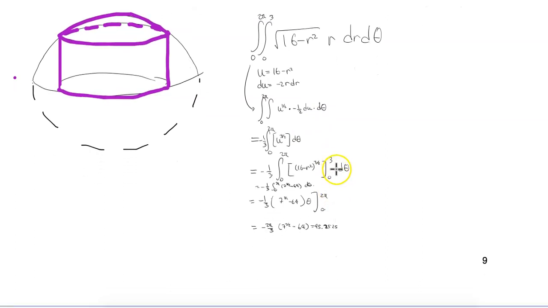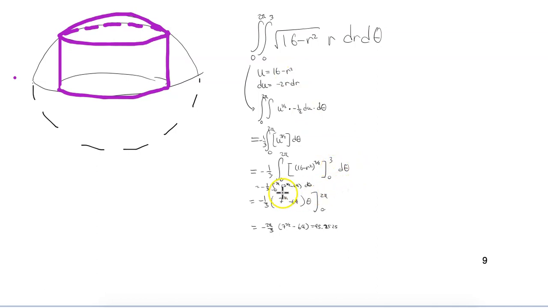Notice that here we changed back u to 16 minus r squared. If you want to substitute the u values, you have to recalculate what they are. If r equals 0, u equals 16. If r equals 3, u equals 7. But we can substitute back and get r again.